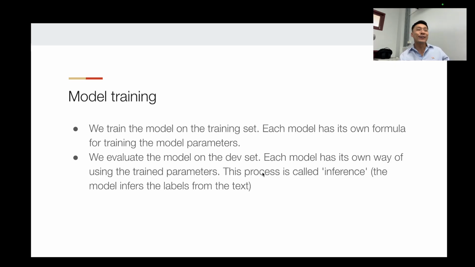If you train the model and you think, oh, it's already trained, and you put it in production and never test it, that's a problem. If you test it on the dev set, you know, oh, you get 60% accuracy, I'm doing something right. If you get 5% accuracy, you know there might be a bug in your code, for example. So this is a very good way of developing a model.